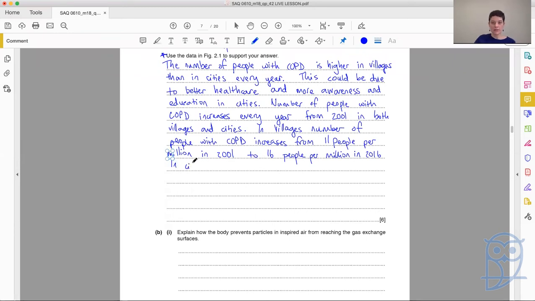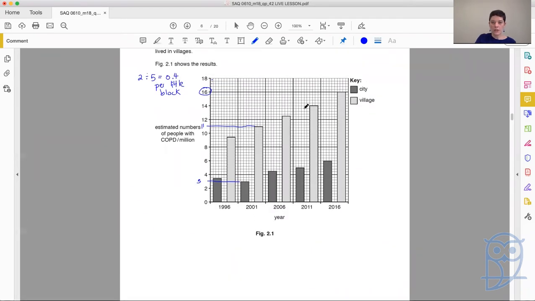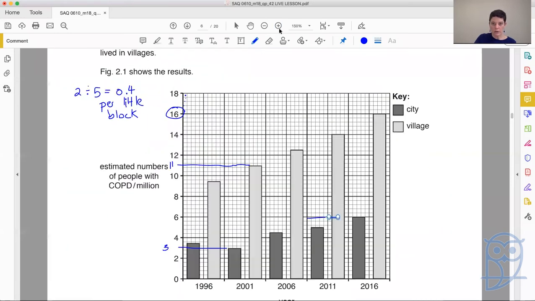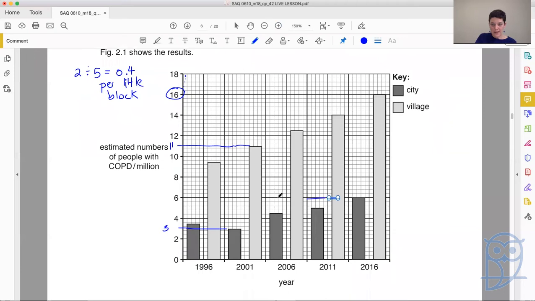So in cities, the number of people with COPD increases from 3 to, where are we sitting in here, dark one for cities, coming across on this line, zoom in or I'm going to lose my eyesight, and it is bang on 6.